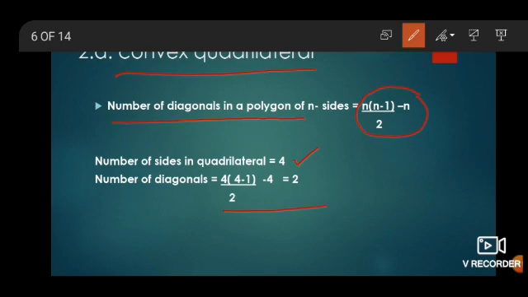That is 4 into 4 minus 1 by 2 minus 4, which is 4 multiplied by 3 by 2 minus 4. 4 into 3 is 12. 12 divided by 2 is 6 and 6 minus 4 is equal to 2. So the number of diagonals for the convex quadrilateral is 2.